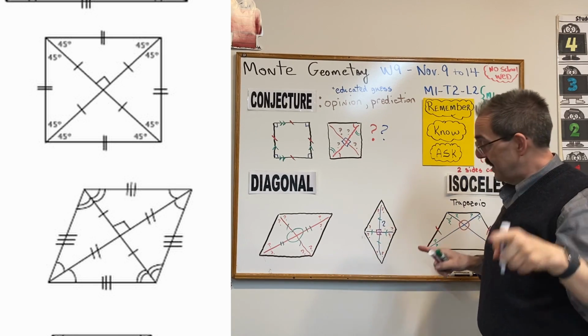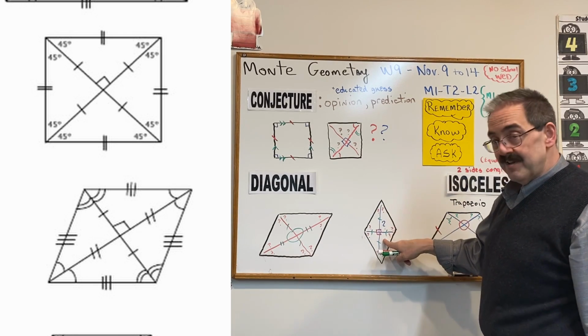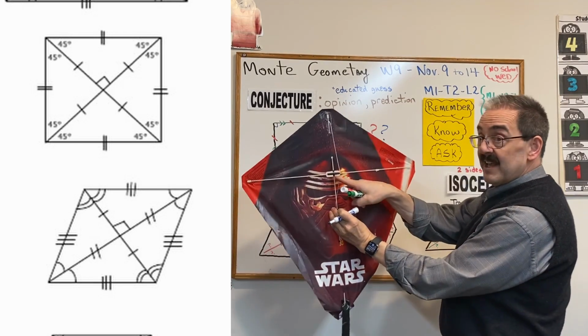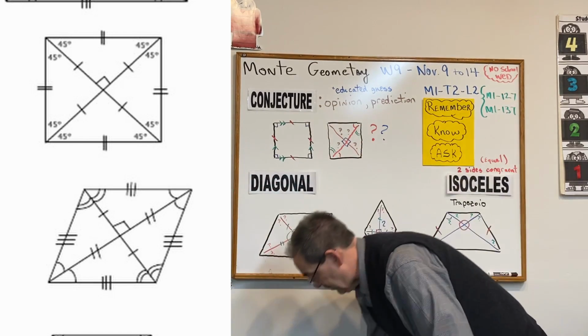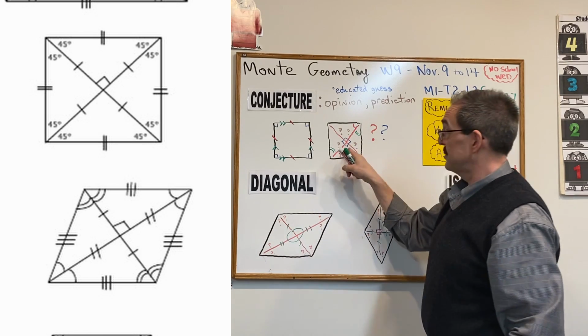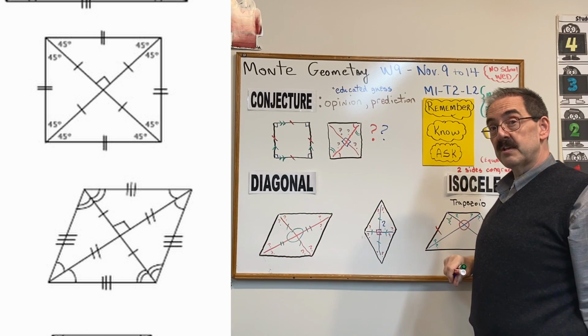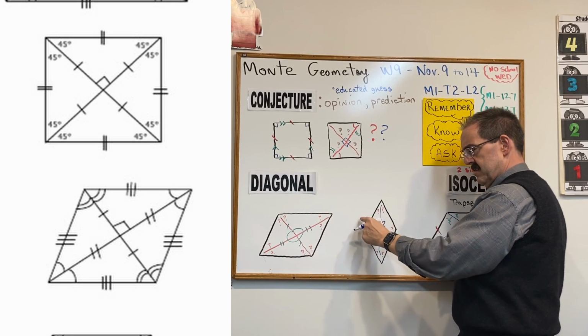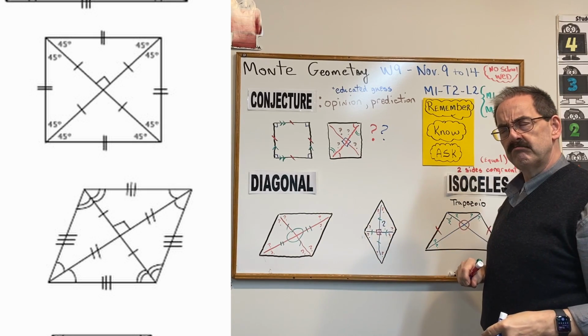Is it fair to say that if a diamond is at 90 degrees and a kite is at 90 degrees and a square is at 90 degrees, is a square a diamond?